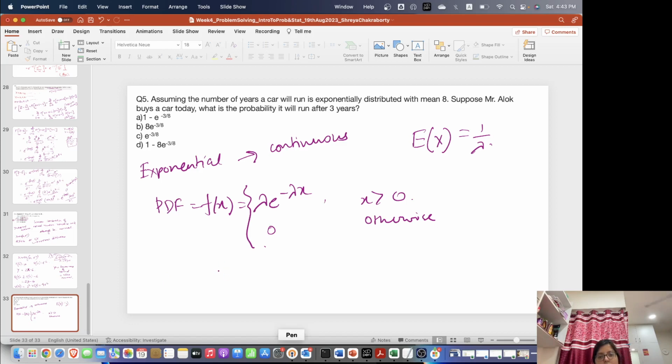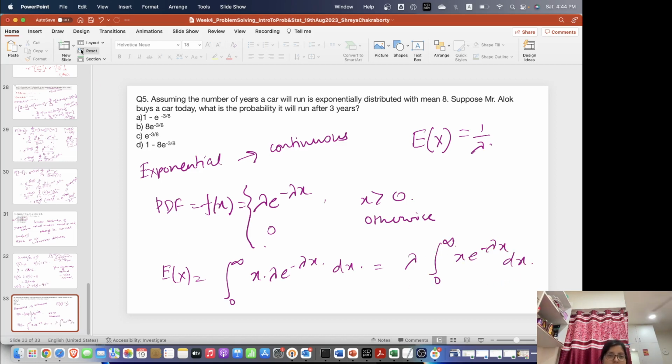So expectation of x will be the integral from 0 to infinity of x into lambda e to the power minus lambda x dx. So it will be lambda times the integral from 0 to infinity of x e to the power minus lambda x dx.